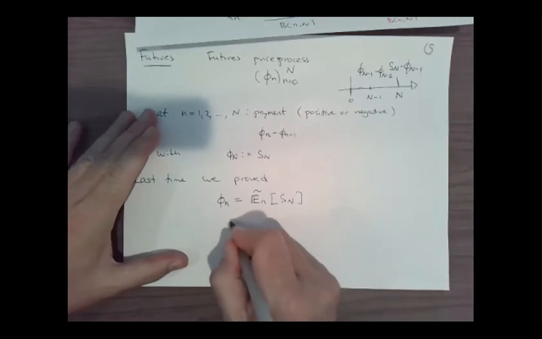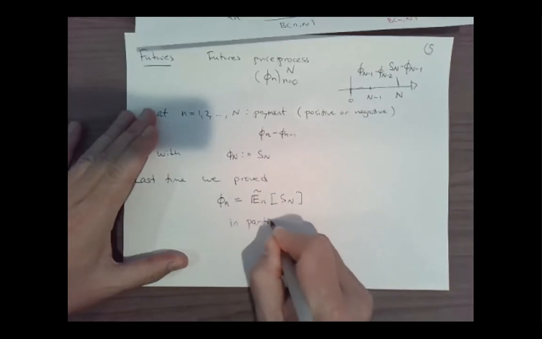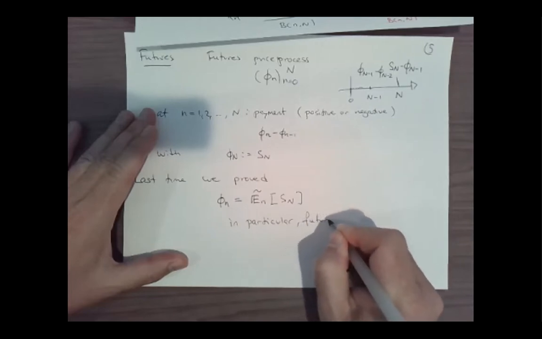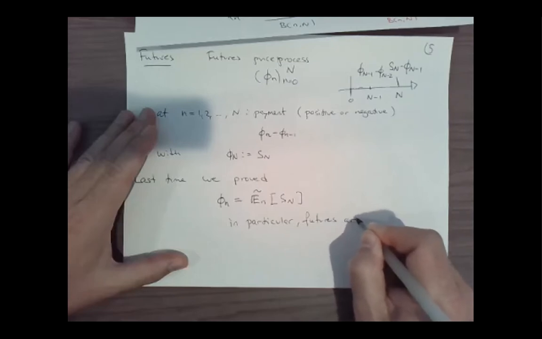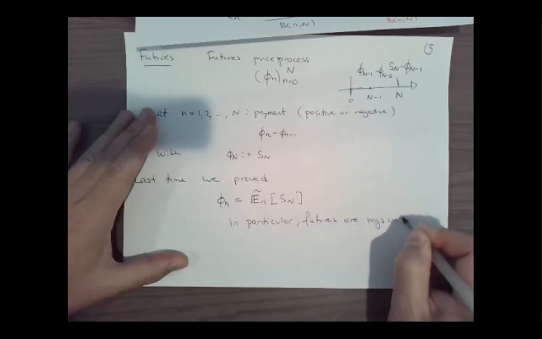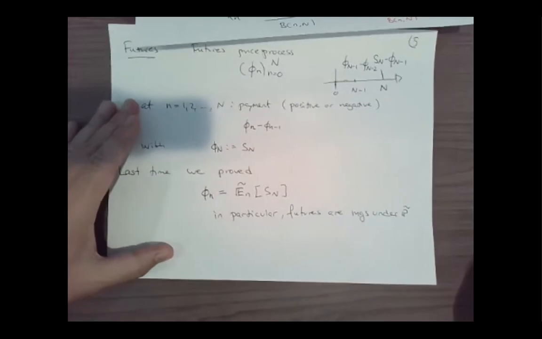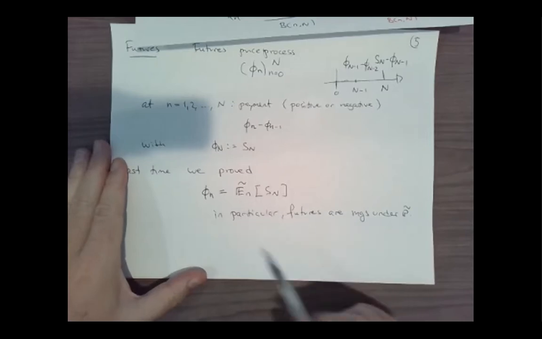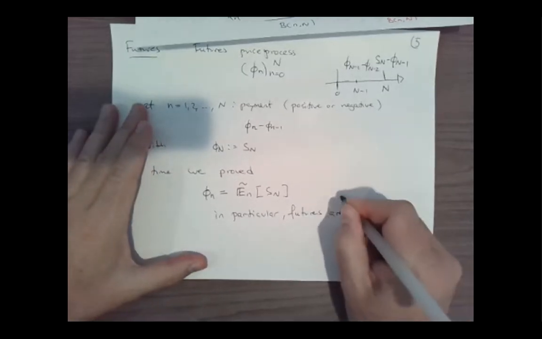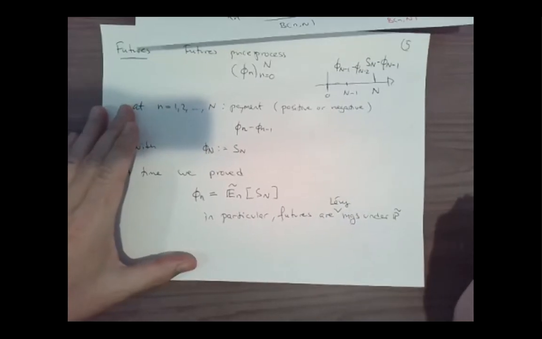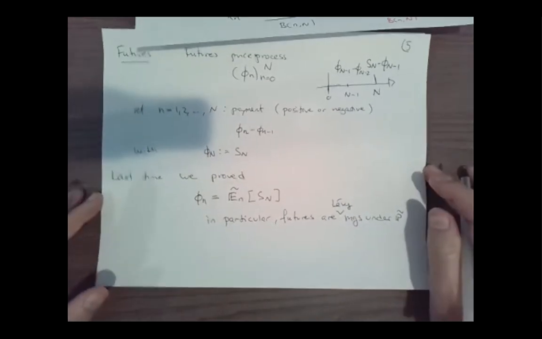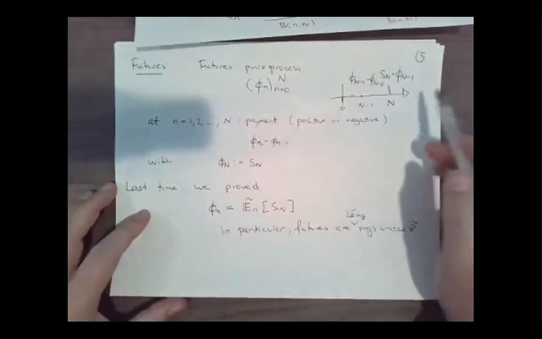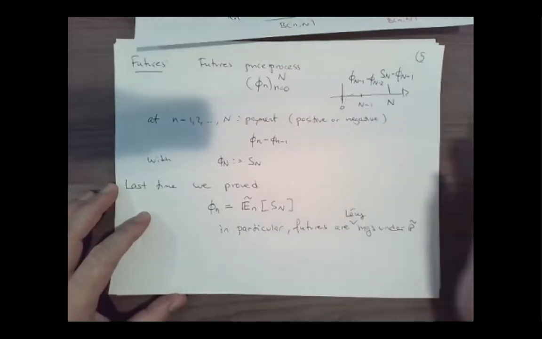So in particular, futures are martingales under P tilde, because it's a conditional expectation of a random variable, and this is what we call a Levy martingale. So the difference between futures and forwards is that you have these marking payments that are coming along.